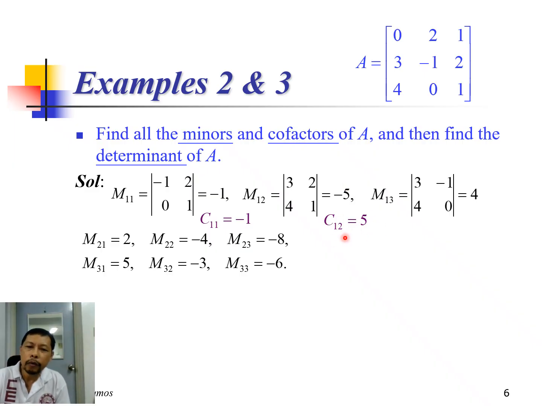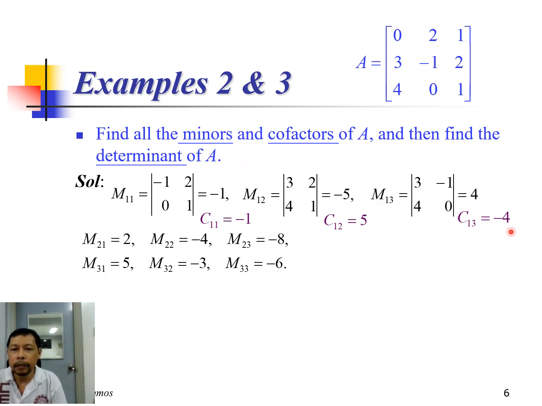And the cofactor of element 1, 3 is obtained by multiplying the minor of 1, 3 by negative 1 raised to 1 plus 3. Negative 1 raised to the fourth power is positive. Positive 1 times positive 4 must be equal to positive 4.